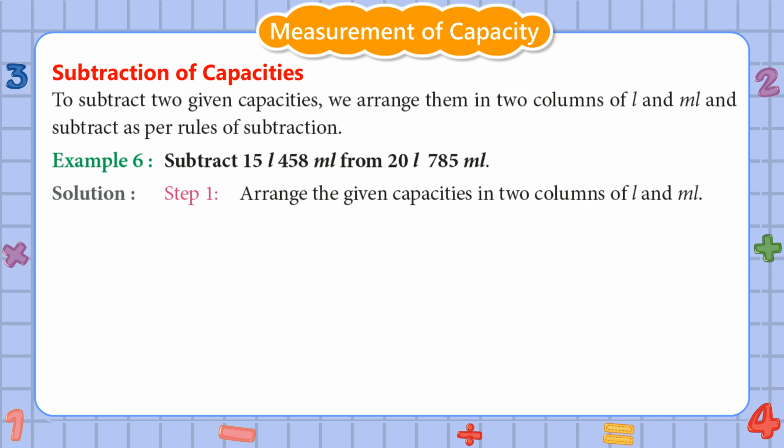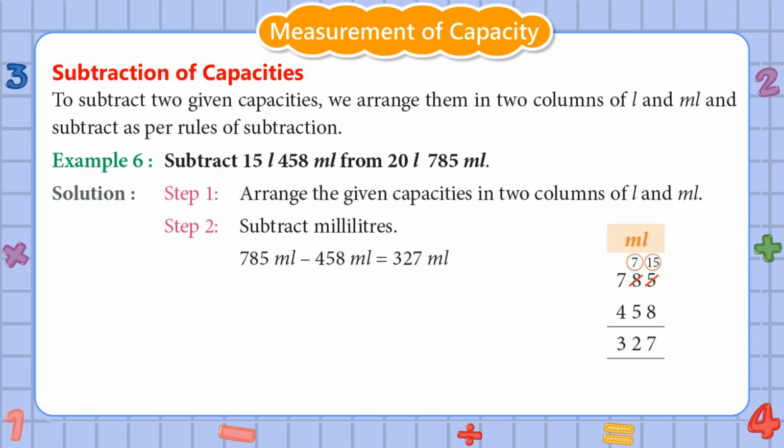Step 1. Arrange the given capacities in two columns of liter and milliliter. Step 2. Subtract milliliters. 785 milliliters minus 458 milliliters is equal to 327 milliliters. Write 327 in milliliter column.